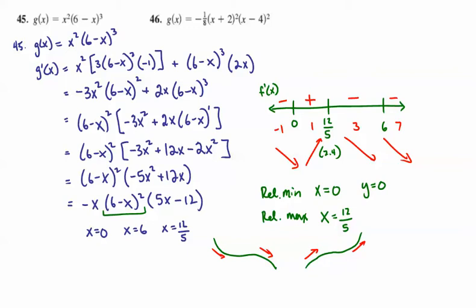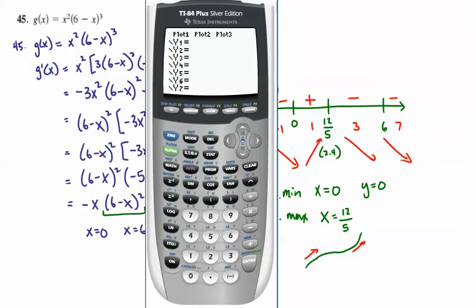Now we can actually take a graph of this, and so we have x squared times (6 minus x) to the third, and we'll zoom standard and see what we get. Well, we have a crazy graph here. So I'll work on the window, and there. We needed to fix the window up quite a bit.